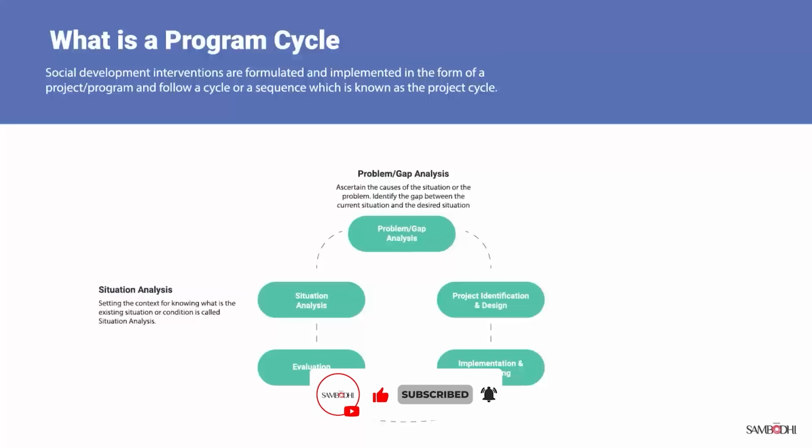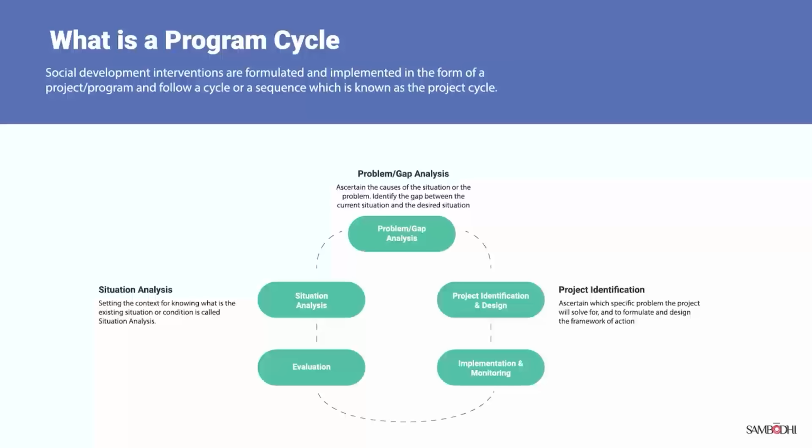Suppose a company is facing issues with its customer service. In that case, a problem gap analysis can help identify the current challenges, customer expectations, and available solutions to improve customer service. After that, we have project identification and design. This phase involves defining the project idea, objectives, scope, and resources required to implement the project successfully.